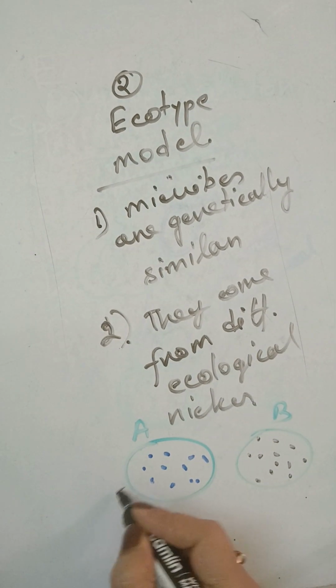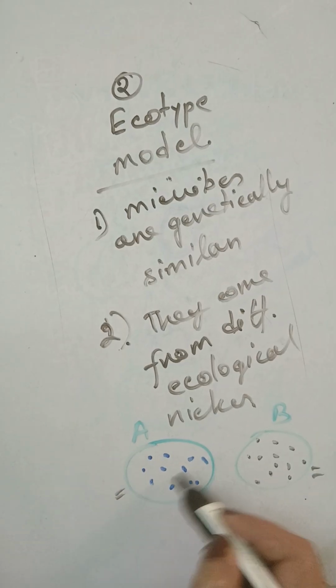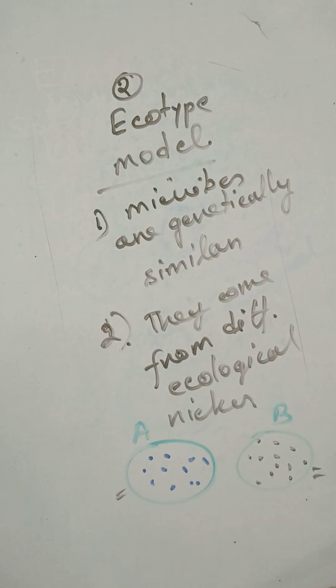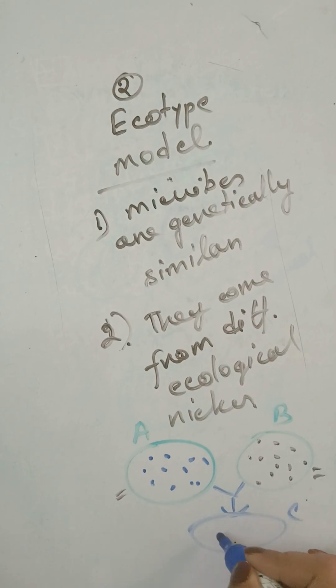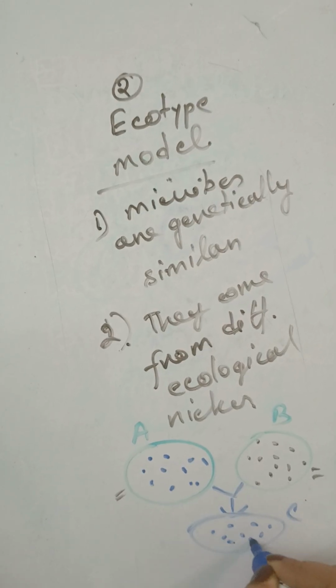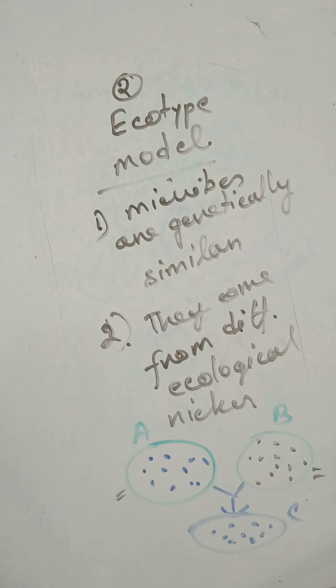This is different and this one is different, but these microbes are genetically similar, so that will give rise to a stable ecological niche, or populations which are genetically similar. So this is the theory of the ecotype model.